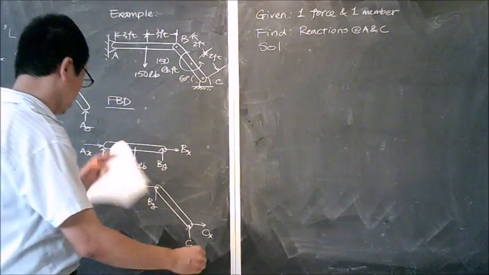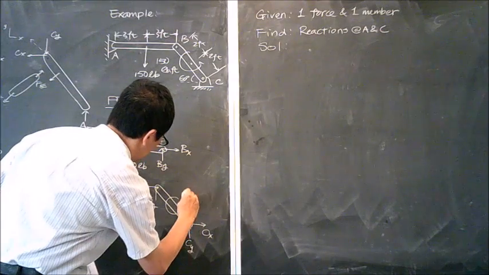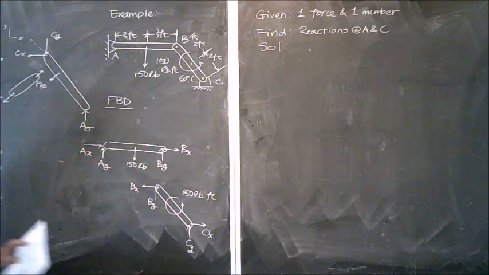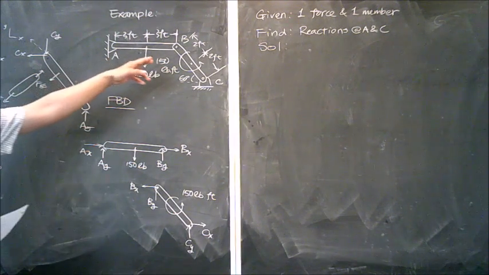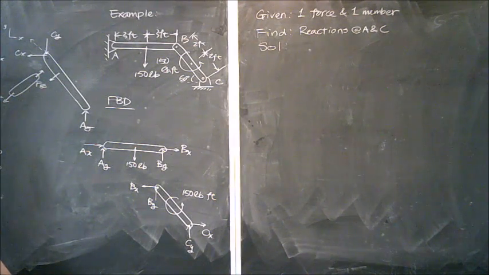But other than that, I also have one other moment in between. So that is going to be my free body diagram for AB and BC. So far, any question?